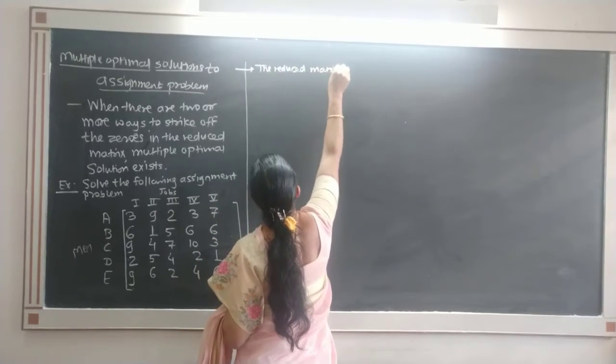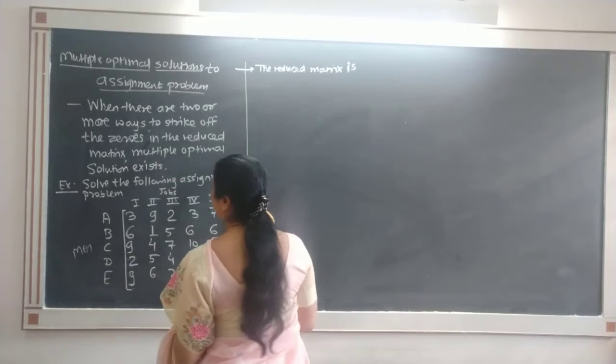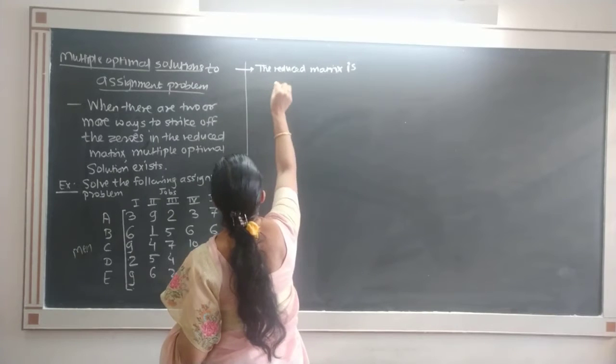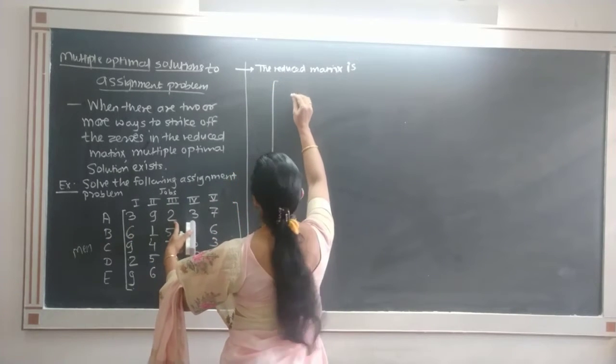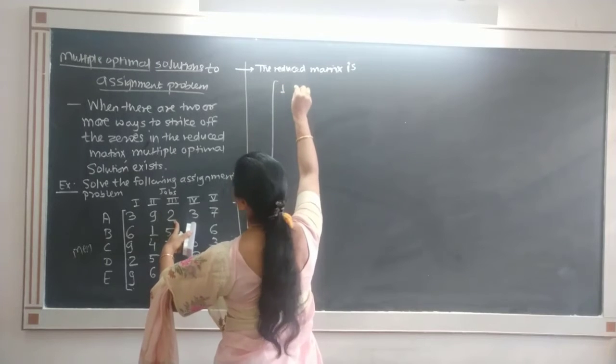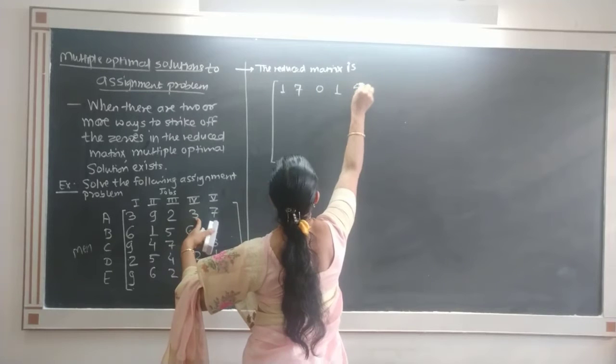In the first row, subtract 2 because 2 is smallest, so it remains 1, 7, 0, 1, 5.